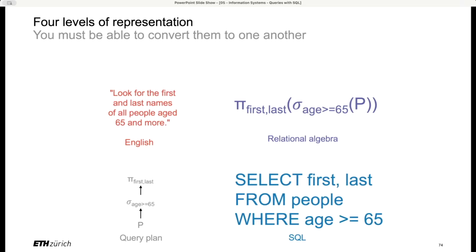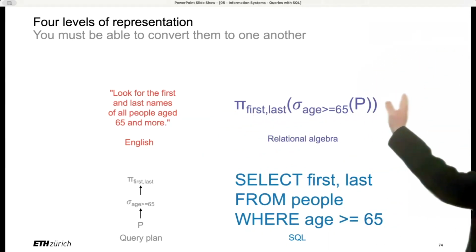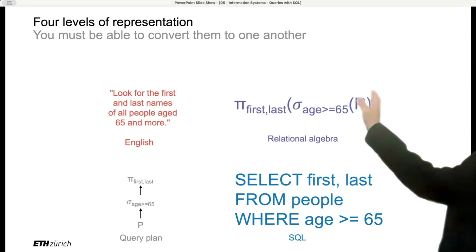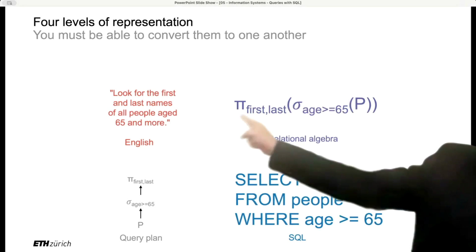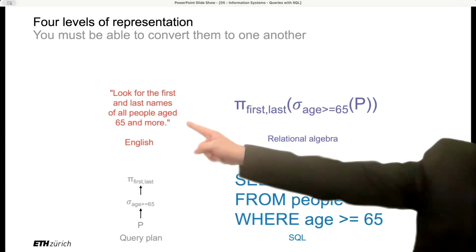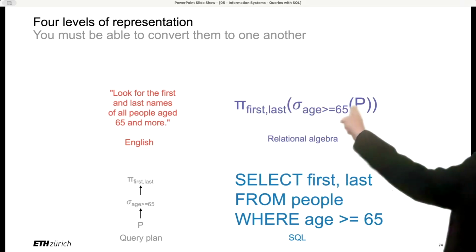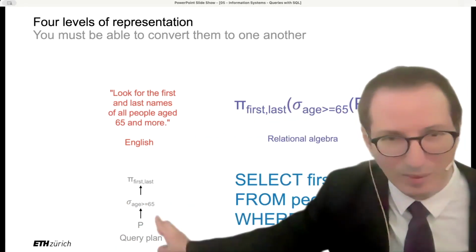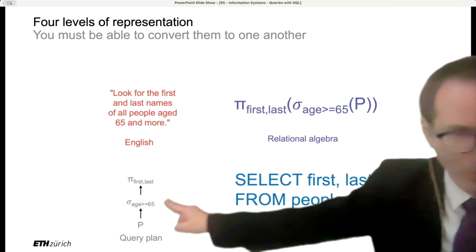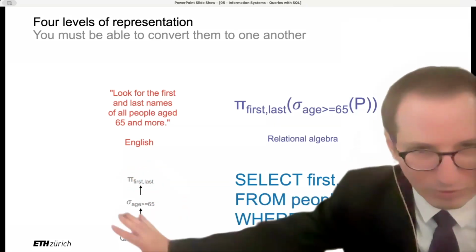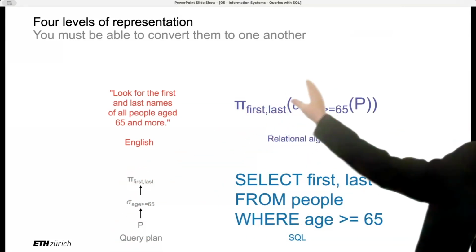Then there would be the relational algebra formula, as we saw last week and two weeks ago, that computes it. Do you agree? This computes this. This would be the query plan that actually corresponds to that formula. It's more like an actual data flow on a machine that basically computes this.